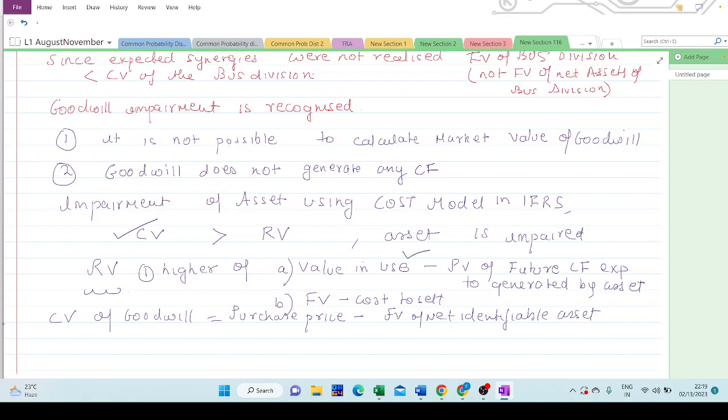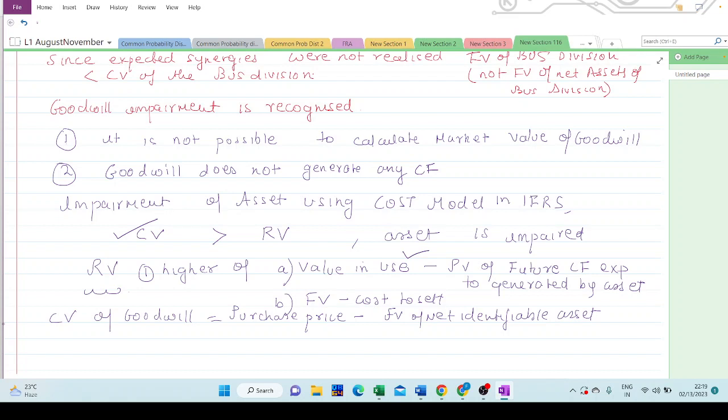But can we calculate the value in use of goodwill, not asset? Can we calculate the present value of future cash flows that goodwill is expected to generate?